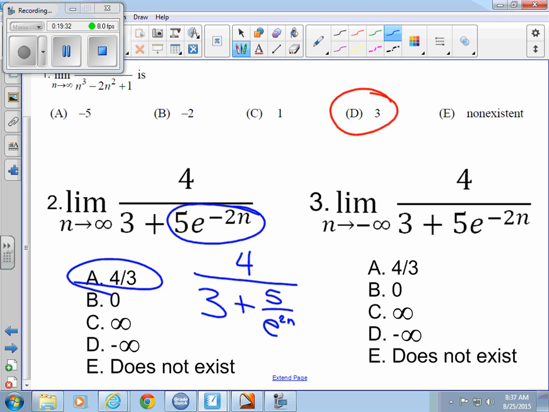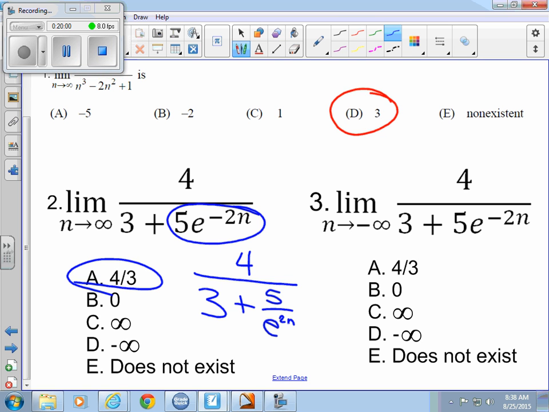That makes sense, because you got that 3 there, so you have to multiply it by e to the 2n on top of that. Get a common denominator, flip and multiply. What you'd end up with is a 4 times e to the 2n on top and a 3 times e to the 2n plus 5 on the bottom when you finish, which is a good plan if you get stuck. Do your academic work with all this.